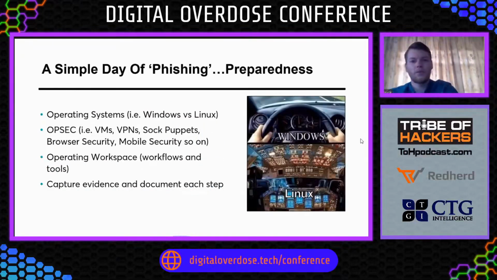So before any phishing expedition, you have to prepare yourself. You have to know your operating system, either Windows or Linux, and you can see the differences between them. On the right is an image taken from Lisa Forte from Twitter. You can follow her. Secondly, you have to set and know your operational security procedures: VMs, VPNs, sock puppets, browser security, mobile security, as Finder discussed in the morning.